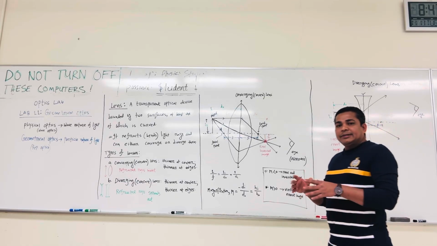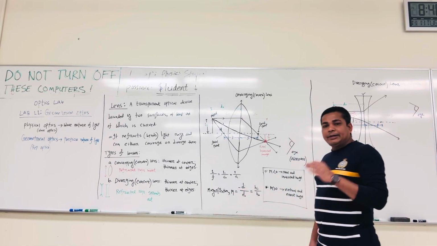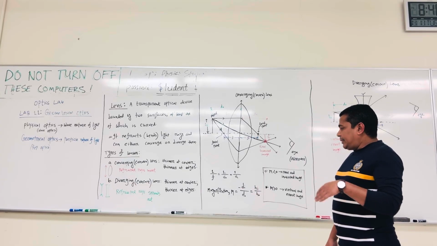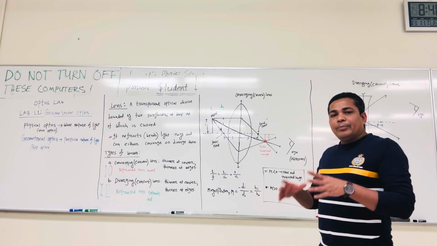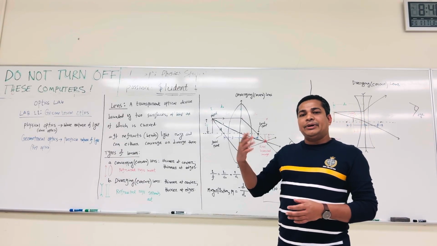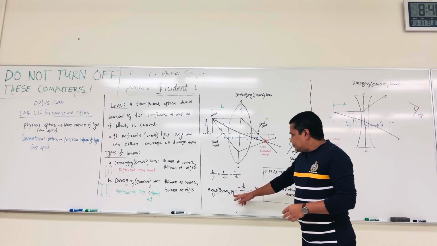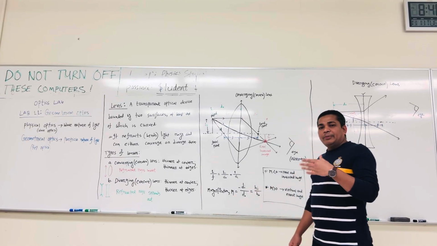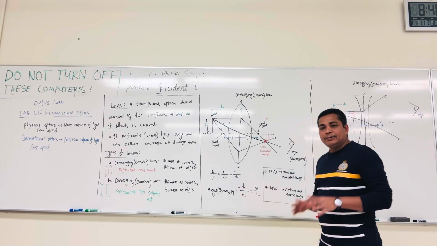We have another expression also, which is called the magnification. Magnification is defined as how much the image is bigger than the object. This is denoted by the uppercase M, which is equal to negative DI over DO.